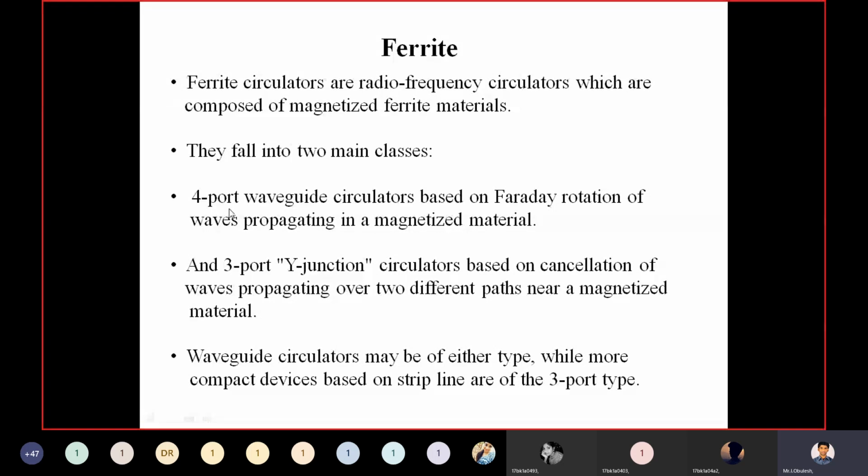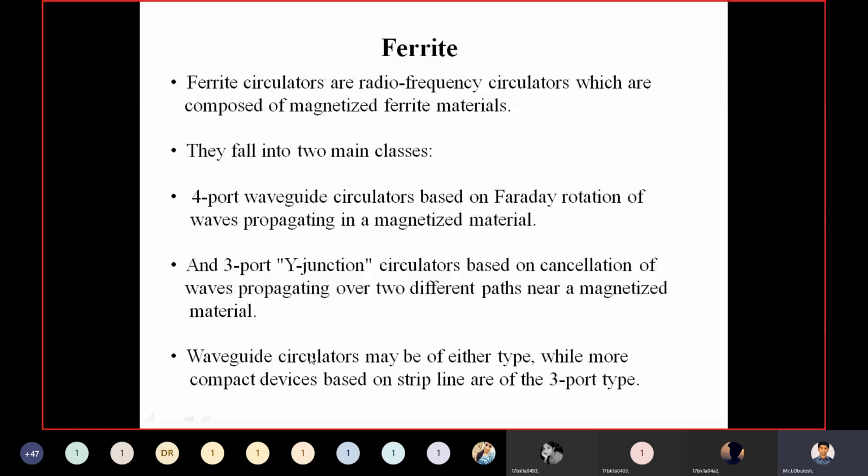The first one is 4-port waveguide circulators, which are based on Faraday rotation of waves propagating in a magnetized material. And the second one is 3-port Y-junction circulators, which are based on cancellation of waves propagating over two different paths near a magnetized material.